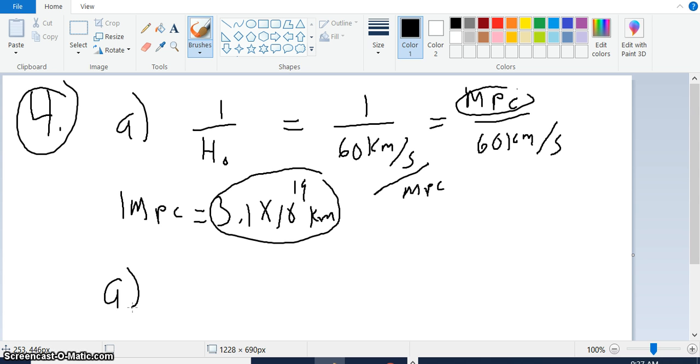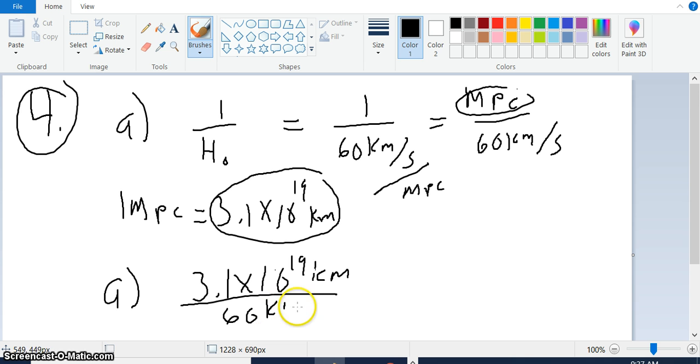So it is 1 megaparsec, which is 3.1 times 10 to the 19th kilometers, divided by 60 kilometers per second. I want you to see that the units do cancel. The kilometers cancel nicely, and then you get 1 over seconds. So this is the age of the universe in seconds.